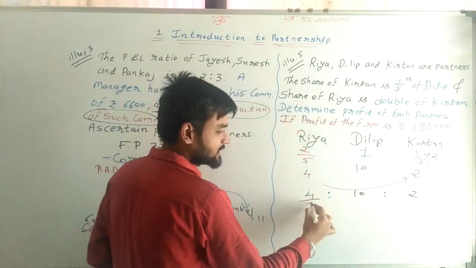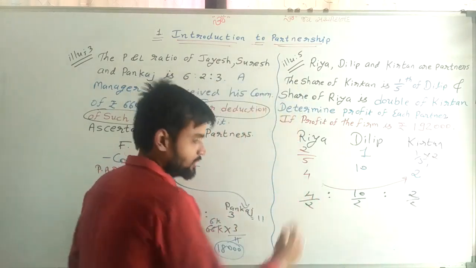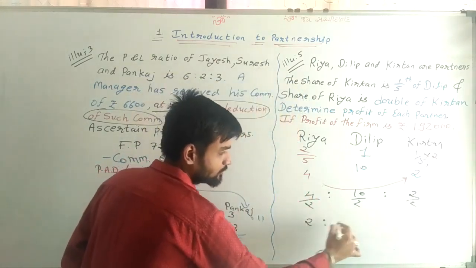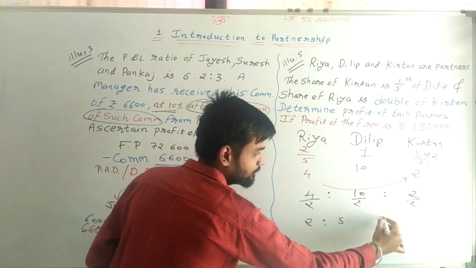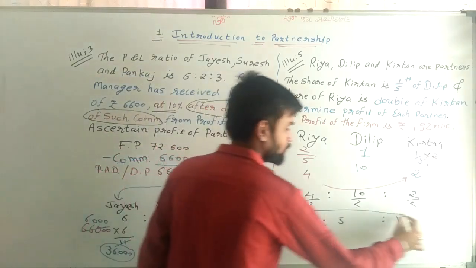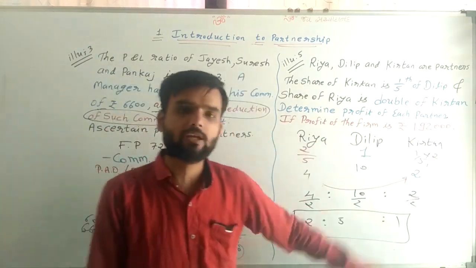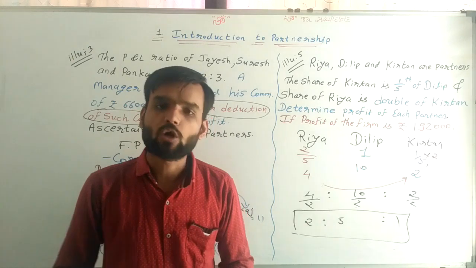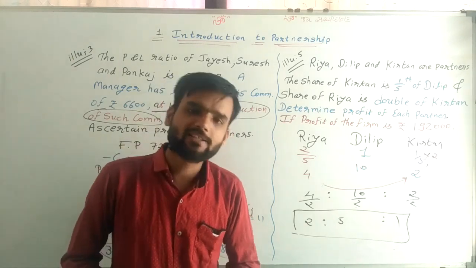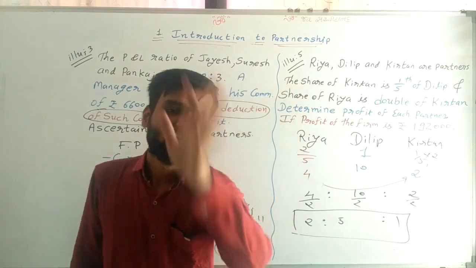If we divide this by 2, because the common factor is 2, we get 2, 5 and 1. So the P&L ratio of Riya, Dilip and Kirtan is 2, 5 and 1. Now whatever profit is there, that is distributed among the partners in the ratio of 2, 5 and 1.